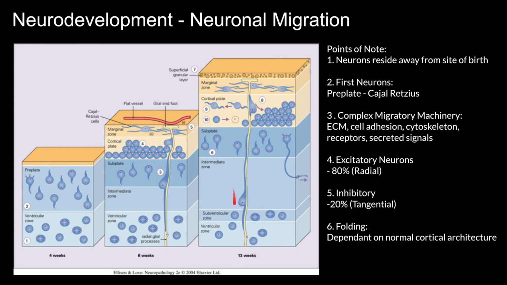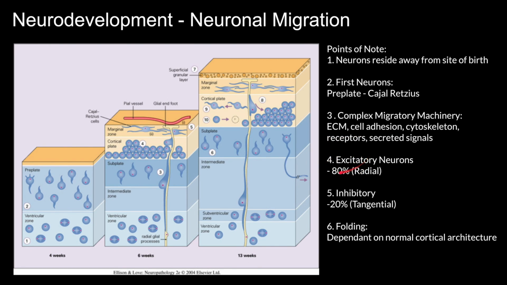And as the brain is maturing, new neurons have to travel even further than the original neurons due to the brain growing, but also having to travel that extra mile for this inside-out pattern. Now, to do this, again, they need a lot of complex migratory machinery. There are extracellular matrix proteins, adhesion molecules, cytoskeletal proteins that help maintain the shape of the migrating neuron, receptors, and of course secreted molecules as we talked about.